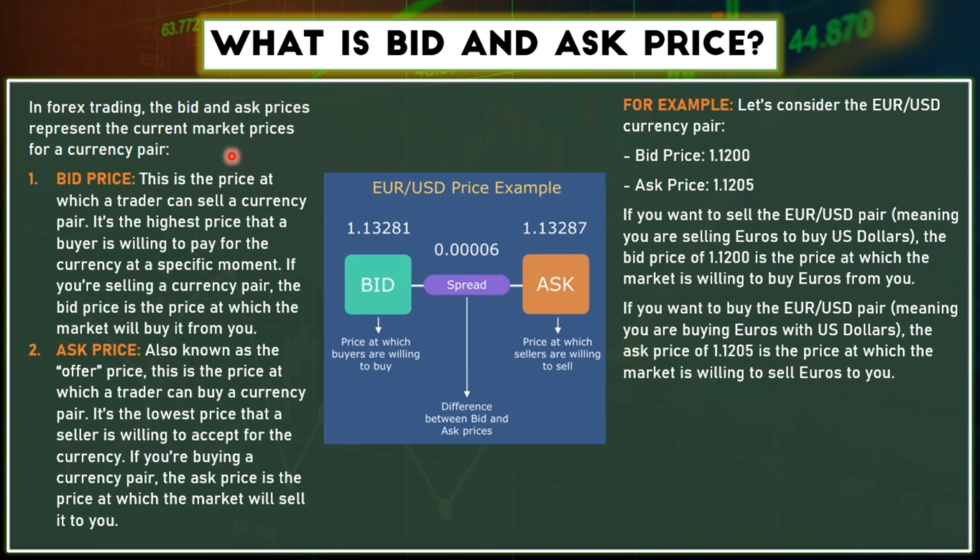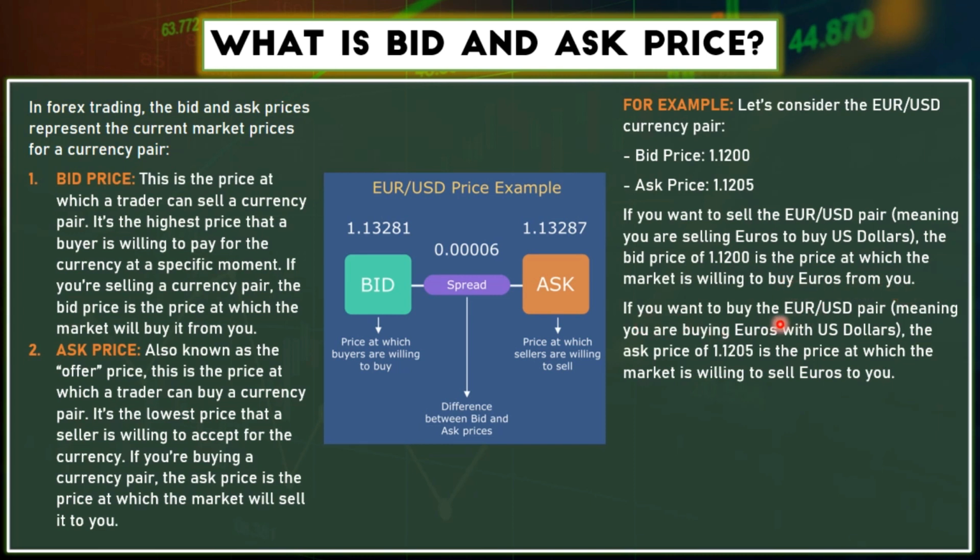Now imagine you want to sell the euro to US dollar pair, meaning you are selling your euro and you want to buy the dollar. The bid price of 1.1200 is the price at which the market is willing to buy euros from you.